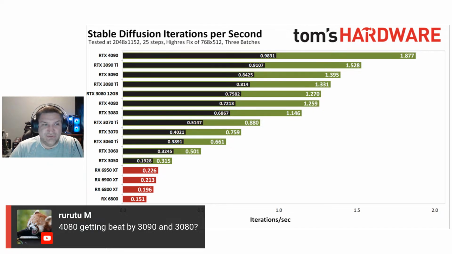It might be to some degree, because the 4080 only has a 256-bit memory interface, whereas the 3080 has 320-bit, but it's not clocked as high, so it probably ends up a bit less memory bandwidth. But then all the others, the 3080 12 gigabyte and above, have a 384-bit interface. Or maybe the software is currently not tuned for Ada Lovelace as well as it could be. So there's definitely question marks, and that's why this is all preliminary.